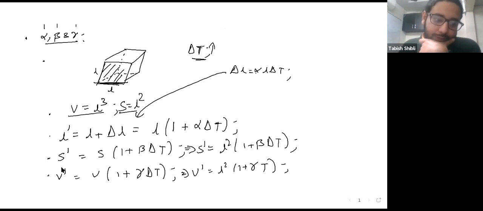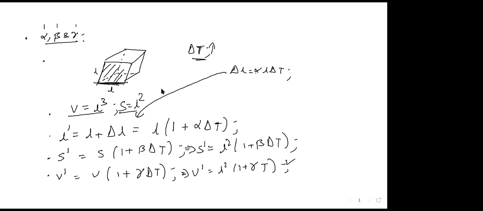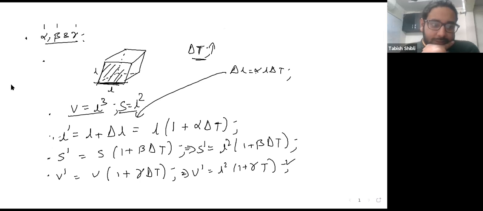Okay, so now we know V prime is this, and we can calculate V prime from another place too, right? Since this is the length, your V prime should also be equal to L prime cube, right? And your S prime should also be equal to your L prime square, correct? Yes, no, maybe?